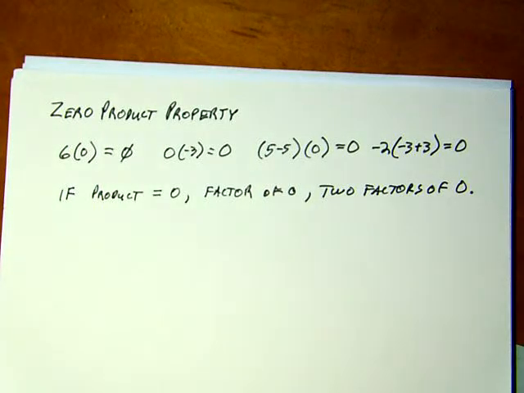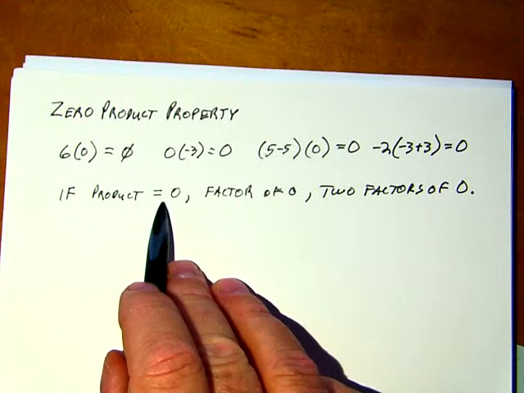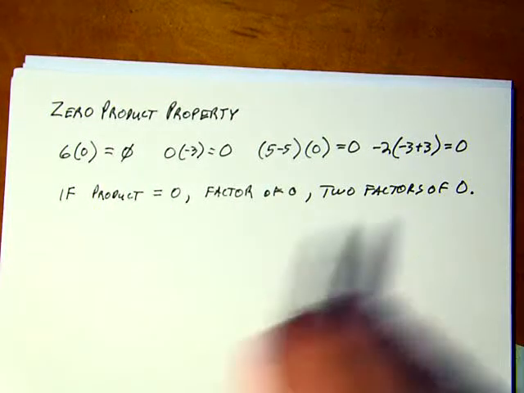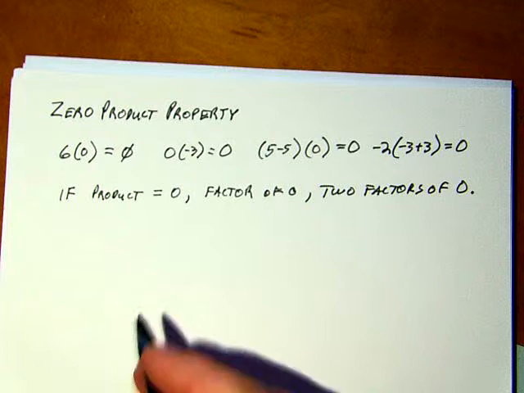Okay, so one of the two factors must be 0. At least one of the two factors must be 0. They can both be 0. But if you know the product of something is 0, then one of the two factors must be 0.